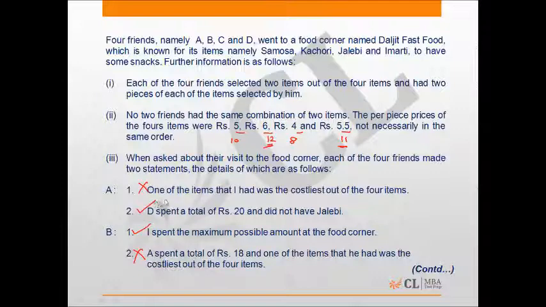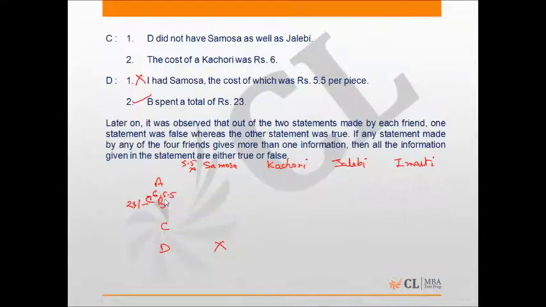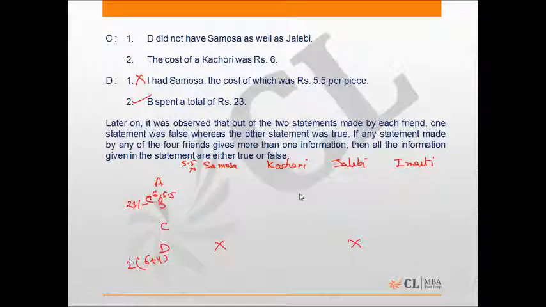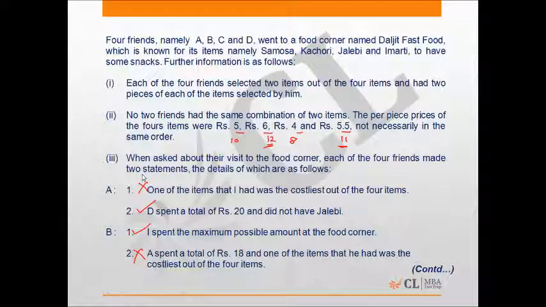So D spent a total of 20 rupees and did not have jalebi. So D did not have jalebi, this is true. And he spent 20 rupees, that means it has to be 6 plus 4, twice of that, right? And A did not buy the costliest item, so he cannot buy the item of 6 rupees, and A did not spend the total, that's okay, right?